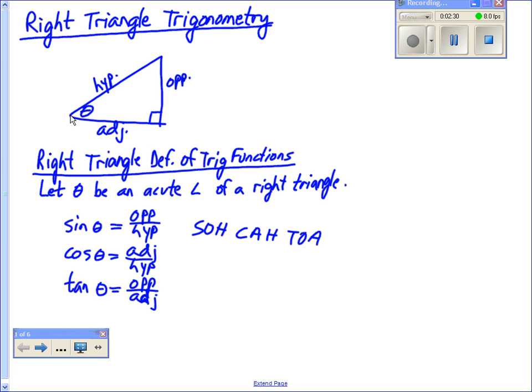So there's your SOHCAHTOA if you want to remember that. Sine equals opposite over hypotenuse, cosine is adjacent over hypotenuse, tangent is opposite over adjacent.